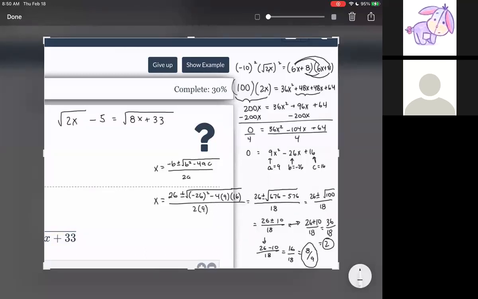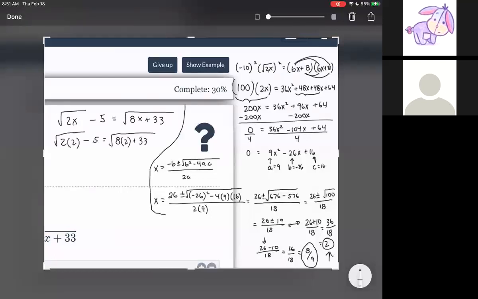Okay. So we're going to plug in, let's plug in 2. Let's see what happens when we plug in 2. Remember, 2 is one of our potential solutions. So we're going to plug it in, and we get square root of 2 times 2 minus 5 is equal to square root of 8 times 2 plus 33.